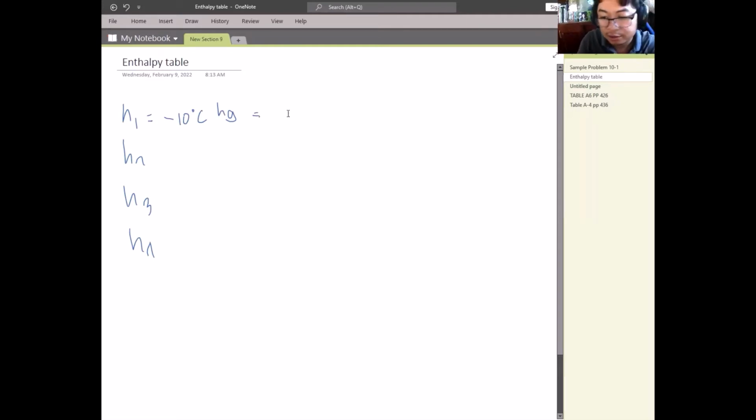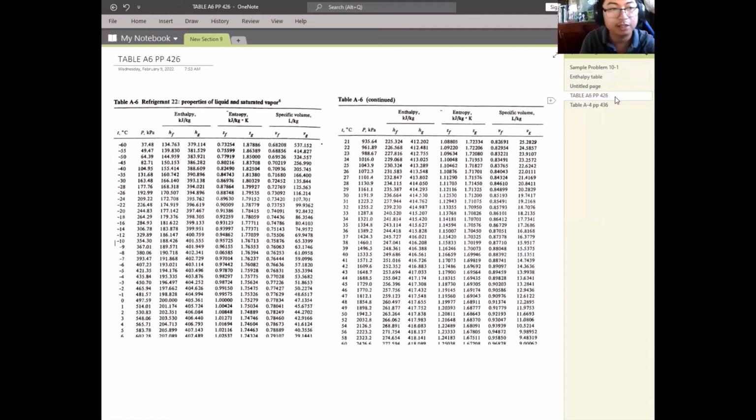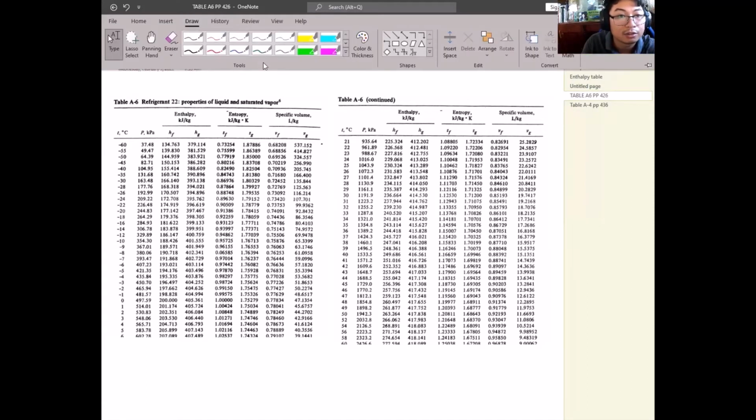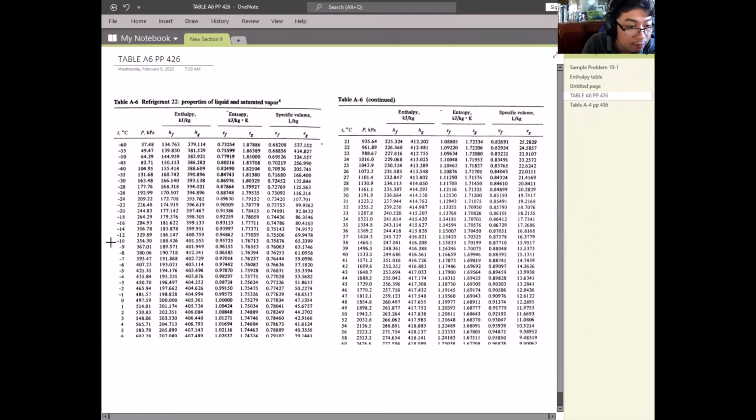So we need this data from the saturated table, which is table A6, page 426, or in the back of the book. So negative 10 degrees Celsius, saturated vapor. Okay, this is the point.